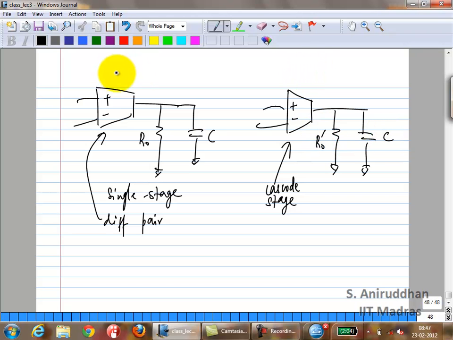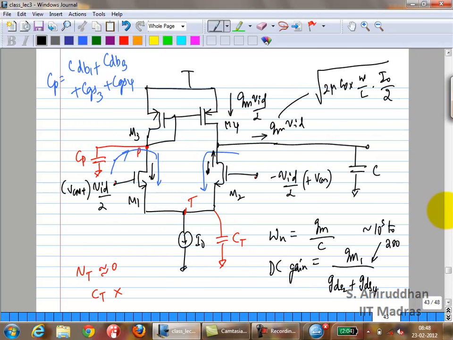So let's say this is GM. What is the transconductance here? All I am doing is adding a cascode to the diff pair. What is the new transconductance?